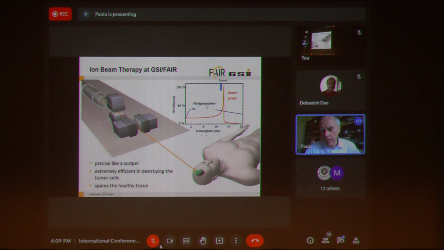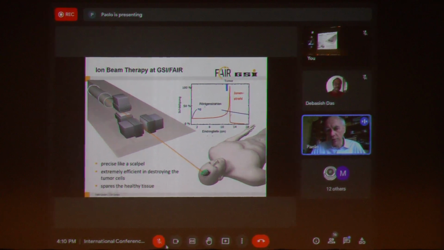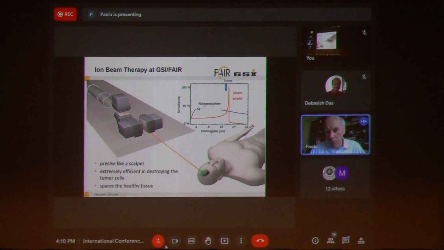This is the photons curve, as the legend shows: when you are irradiating your cancer tumor in this region, you have already given more radiation to the healthy tissue, which you have to cross to reach your tumor.